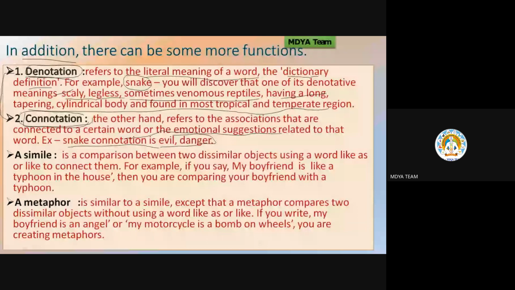Okay. So next, then simile and metaphor. Have you heard about these, simile and metaphor? Metaphor, I know, ma'am, but simile, I don't know. Whatever you know, you can share.